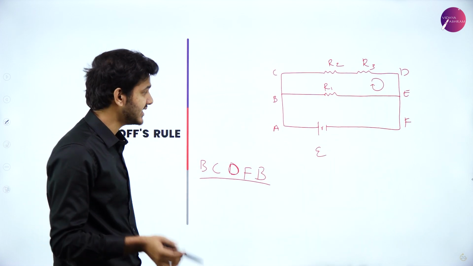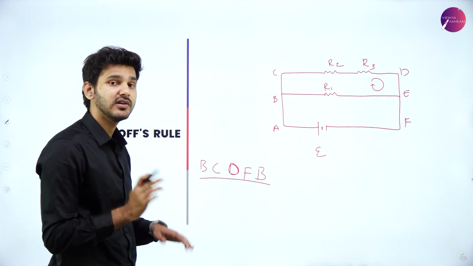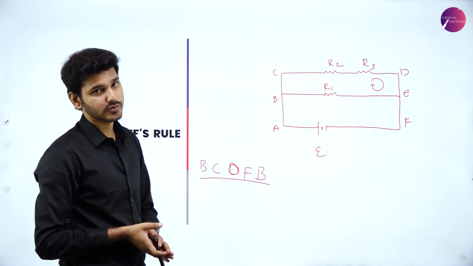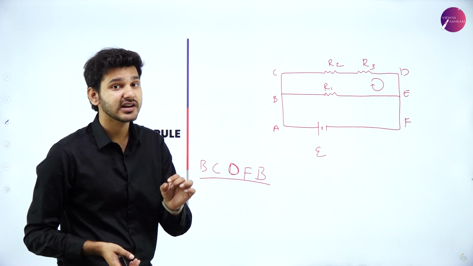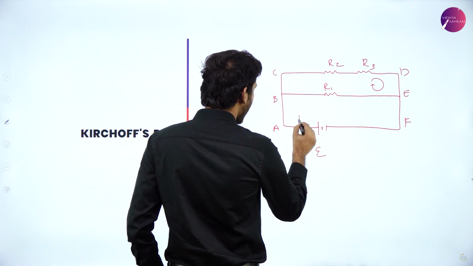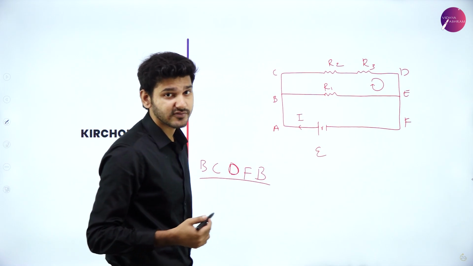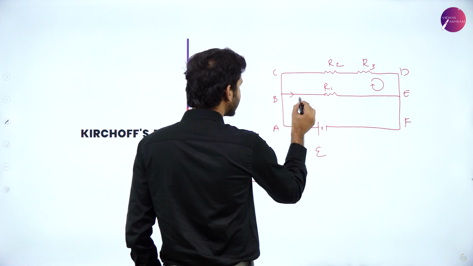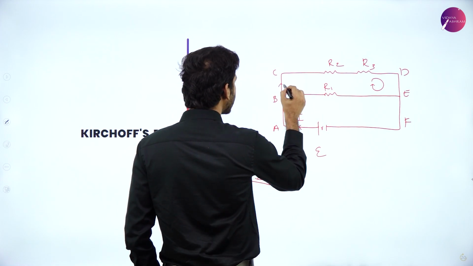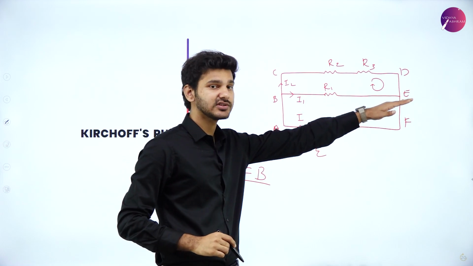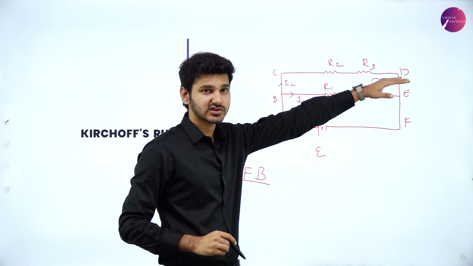So let's say that in this particular loop, what will be the net current, or what will be the flow of current in that particular loop. Before that, we must identify where the current splits. So we know that I amount of current will be coming out of this cell, and then at the junction it will be split up into I1 and I2, which means that I1 will be flowing in this direction and I2 will be flowing in this direction.